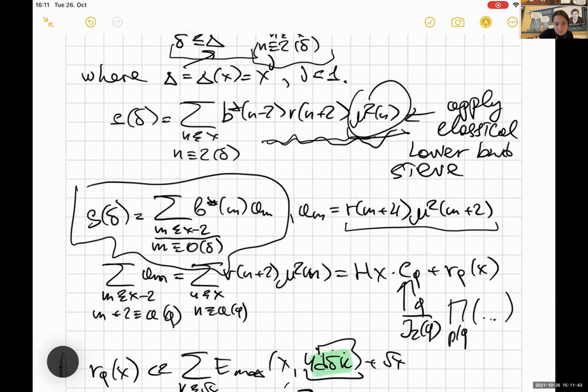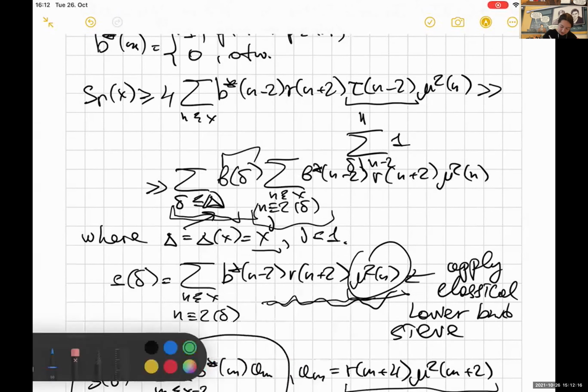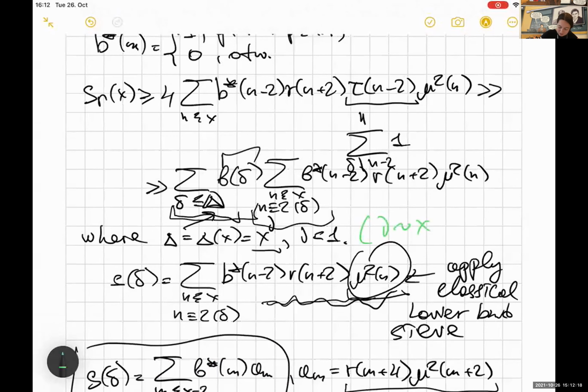So by the lower bound, you got an estimate for s of delta. And then from s of delta, you are going to sum this over delta up to the capital delta with the multiplier b of delta. Then you have to adjust this capital delta to be small enough. This is another kind of level of distribution fact. And of course, this capital delta is going to be x to the power of mu, and mu is going to be like, I don't remember, 1/6, something like this.